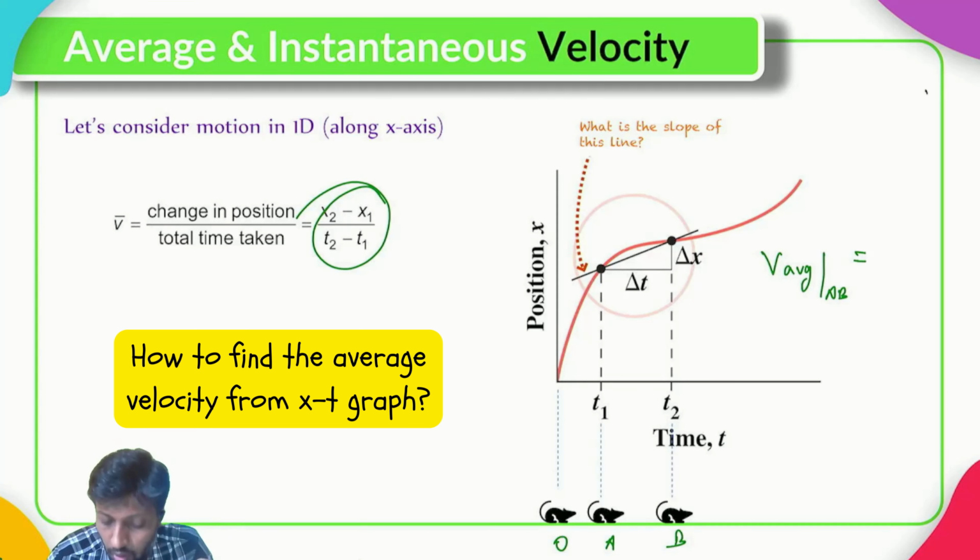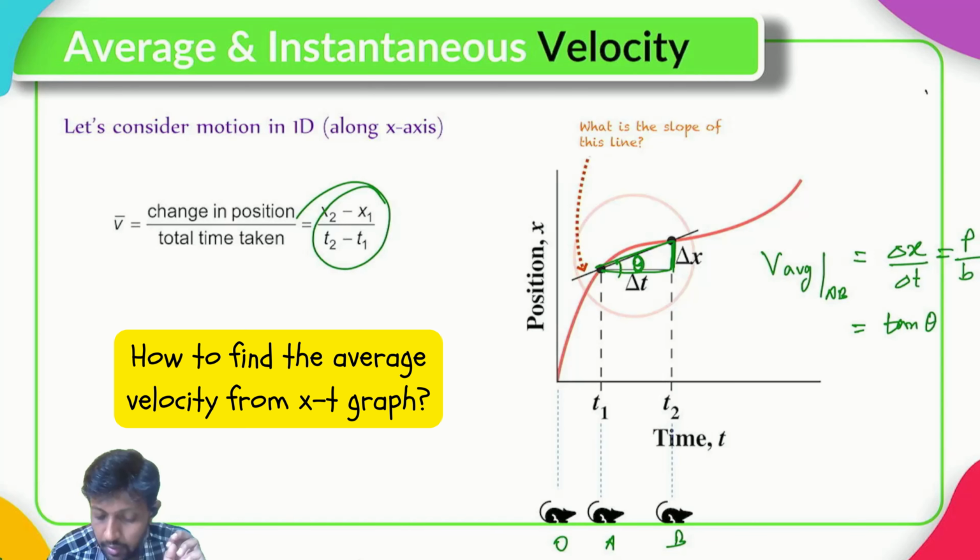X2 minus x1 or delta x is this length or the perpendicular of this right angled triangle. So delta x divided by delta t, which is the base of this right angled triangle. Delta x by delta t or perpendicular by base. Using trigonometric relation, if this is theta, you can say that delta x by delta t is tan theta. So the average velocity is given by tan theta.